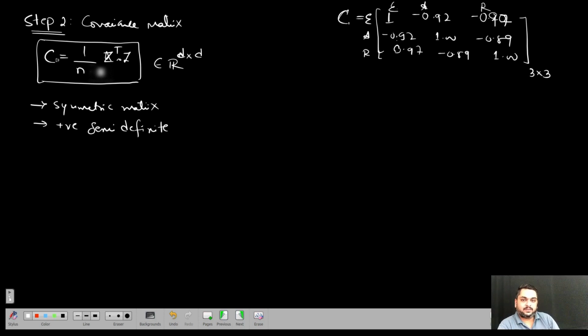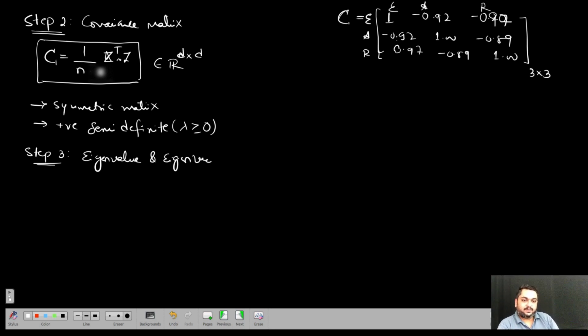It means the eigenvalues of this covariance matrix are always greater than or equal to 0. Positive definite means always greater than 0; positive semi-definite means greater than or equal to 0. Now you find the eigenvalues and eigenvectors.